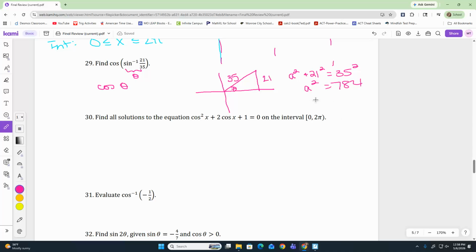When you take the square root of that, you get 28. So I solved my triangle, and now I want cosine. Cosine is adjacent over hypotenuse, so 28 over 35, which reduces to 4 over 5.